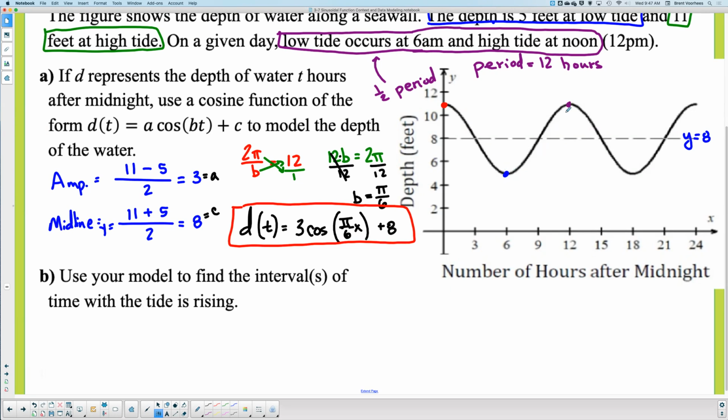On our first period, it's from 6 to noon, which means anytime from 6 to 12 noon, this value would increase.